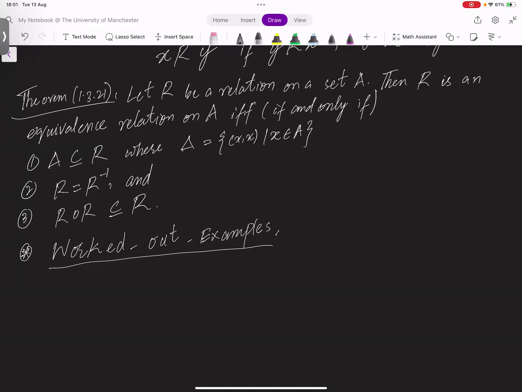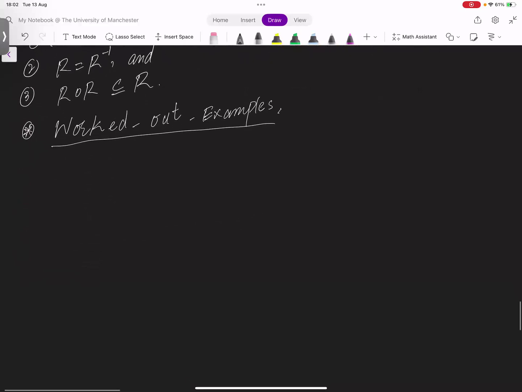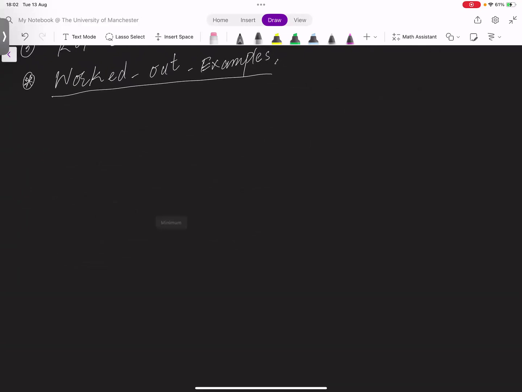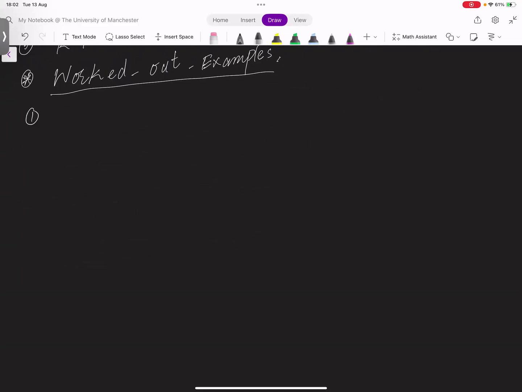Now, we will talk about some worked out examples, and then we will show them. So number one is, we have Z10, and we will show which of the following equivalence classes are equal.